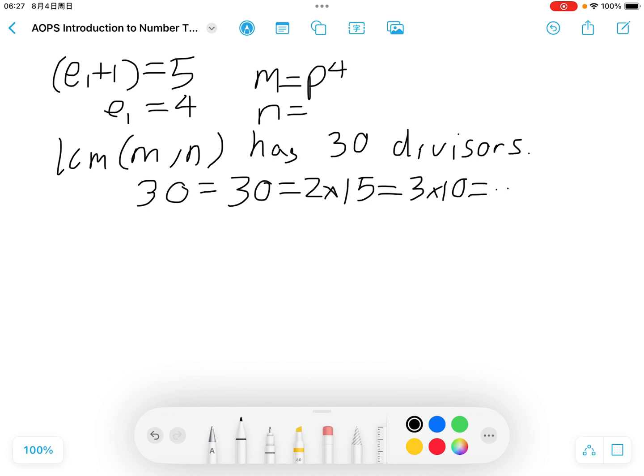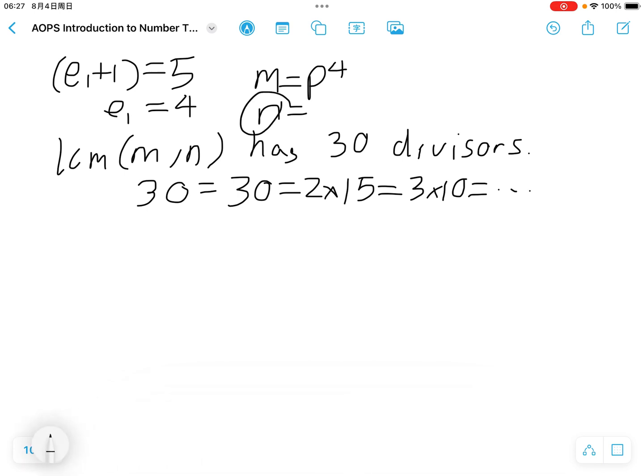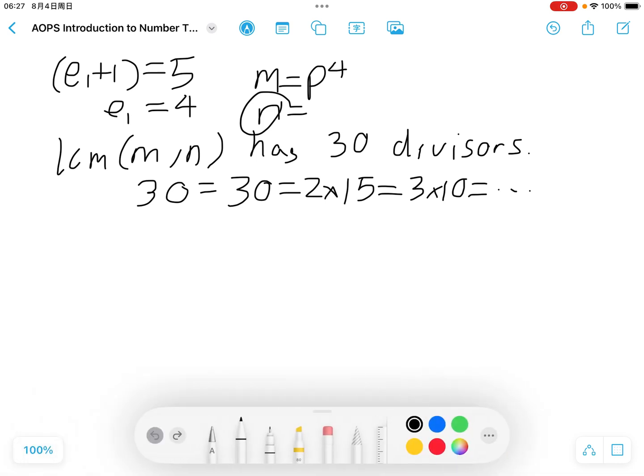However, right now what we want is to let n have the largest possible number of prime factors. So the largest number of factors that we can write 30 into is 2 times 3 times 5, because that's literally the prime factorization of 30 expanded.